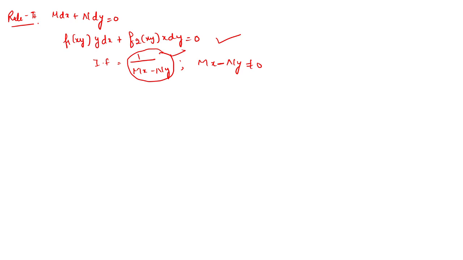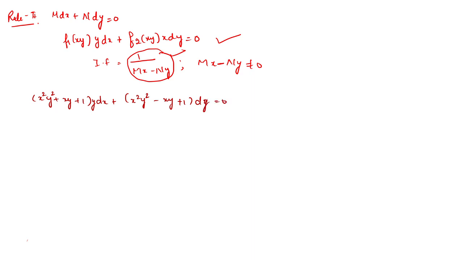From this, firstly we will see one question based on this so that we will get a better knowledge. Suppose that our differential equation is (x square y square plus xy plus 1) y dx plus (x square y square minus xy plus 1) x dy equals 0.